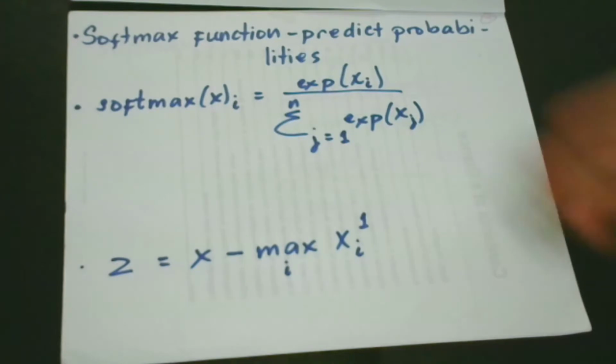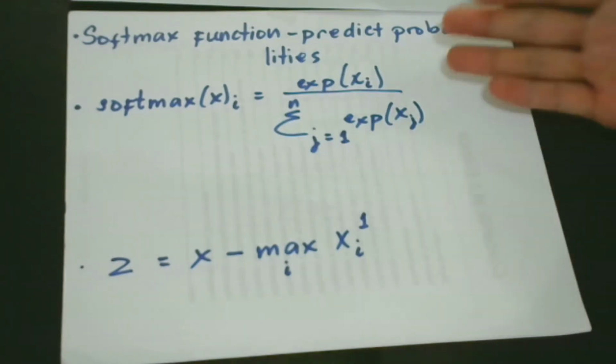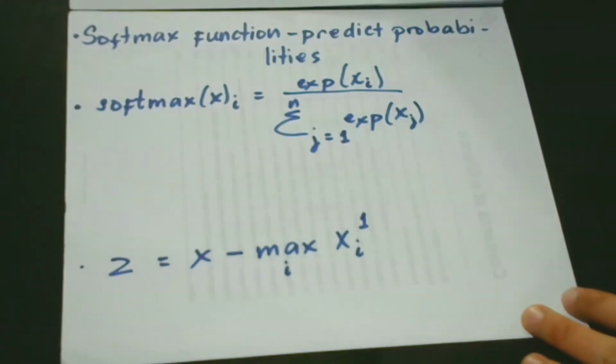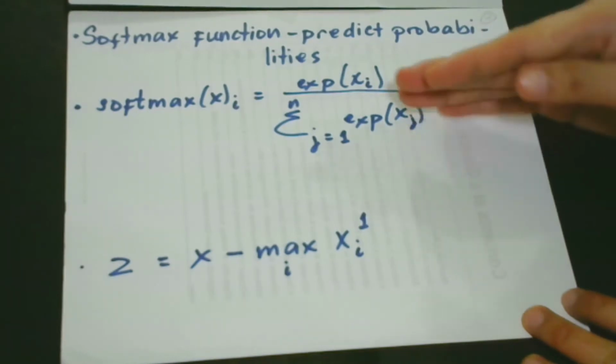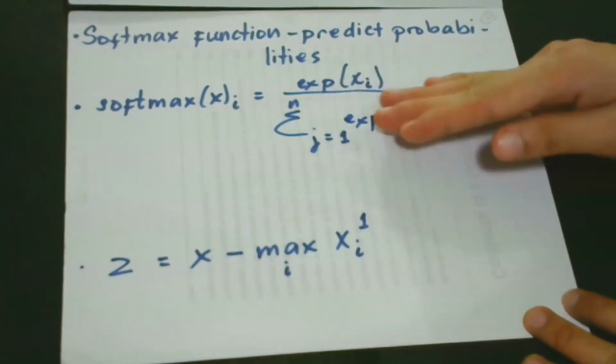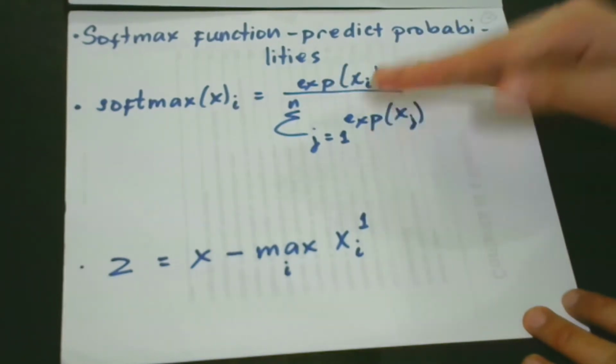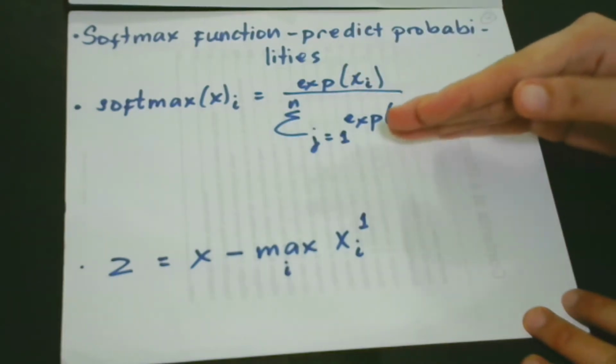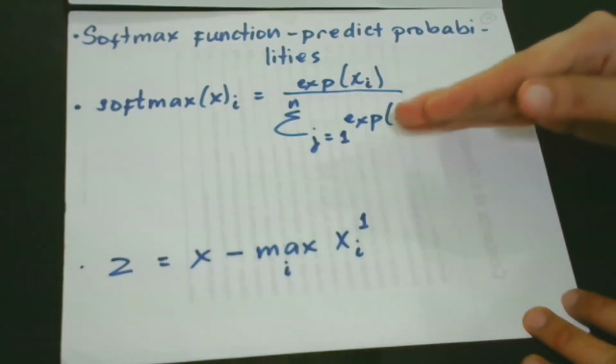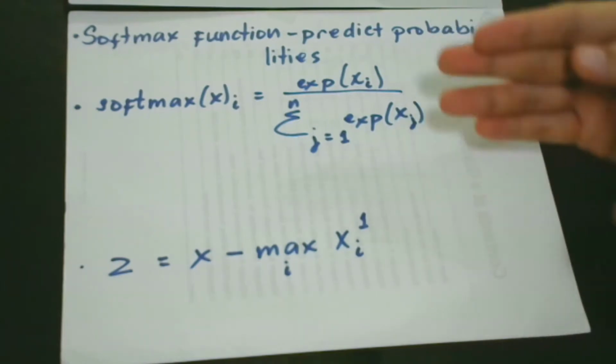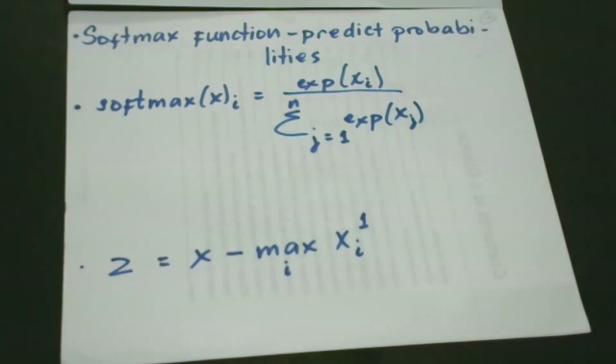So what is the softmax function? What is this all about? The softmax function is used to predict probabilities. These probabilities can be associated with a multinoulli distribution. It is defined by this formula.